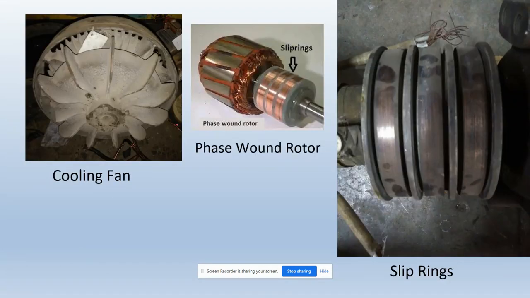So this is your phase wound rotor, that is the slip ring induction motor rotor. These are the slip rings to which brushes are connected, and externally you can connect resistance, and the resistance may be in star connection.